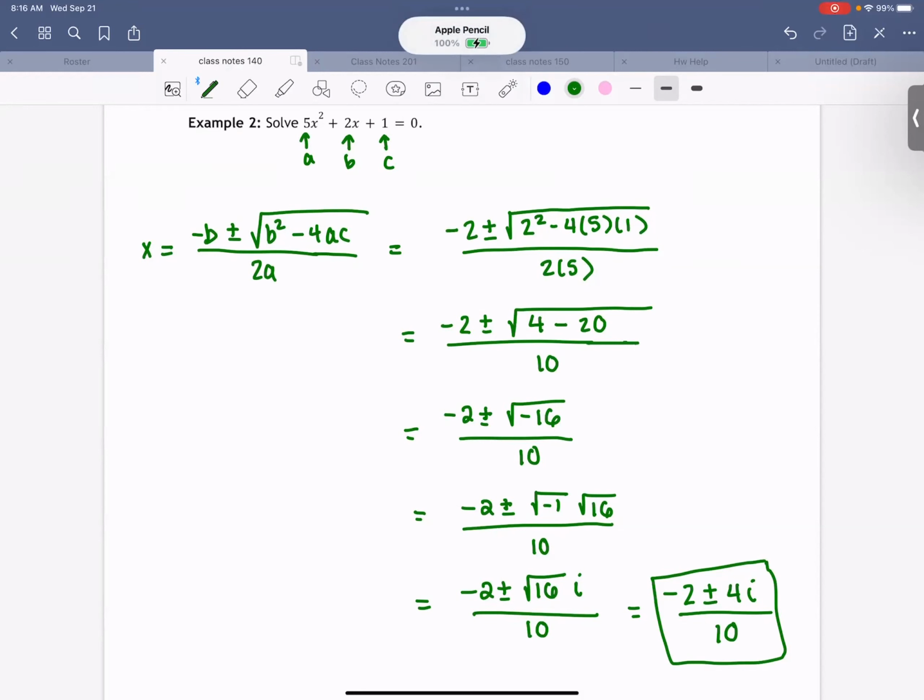All right, and this is the end of the guided notes for this section, and this is actually the end of the guided notes for the exam on Friday. I do want to touch on one more thing before the end of class, because we do have a little bit of extra time. But anything we cover after right now is not going to be on the test on Friday.